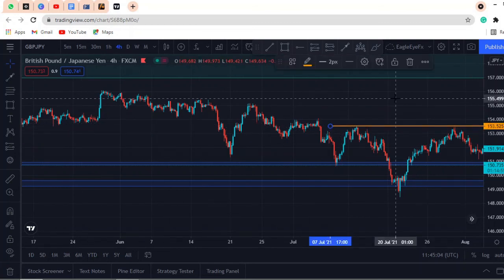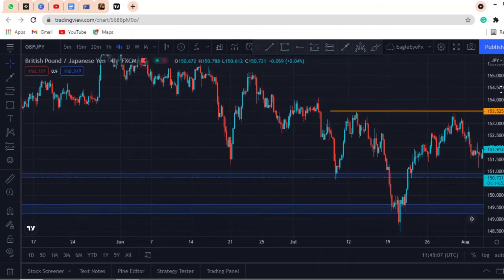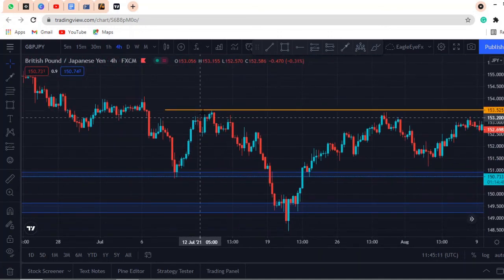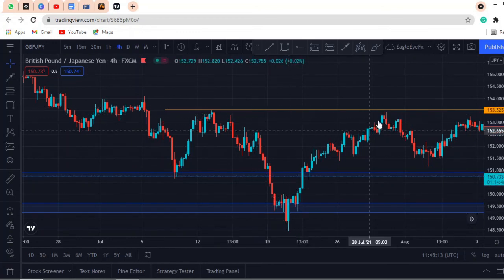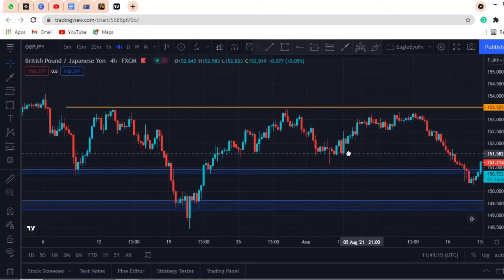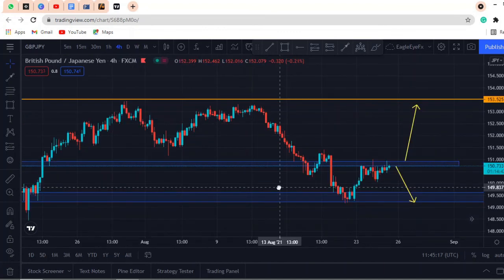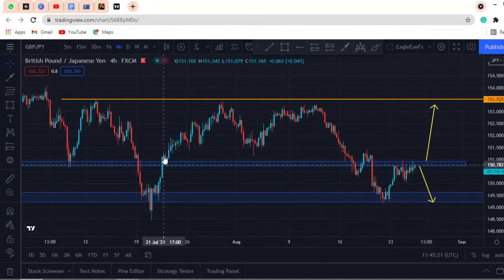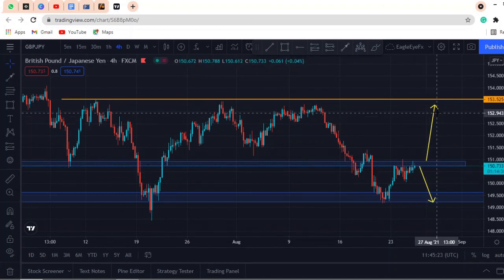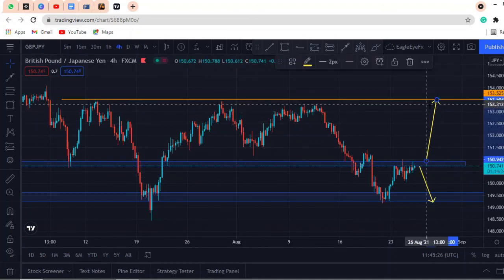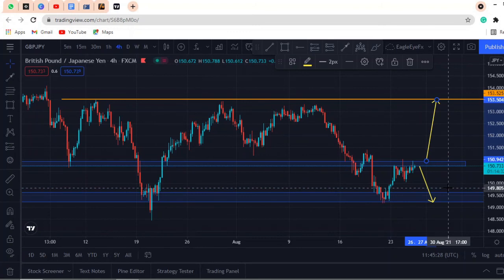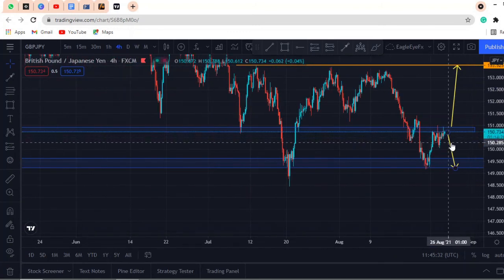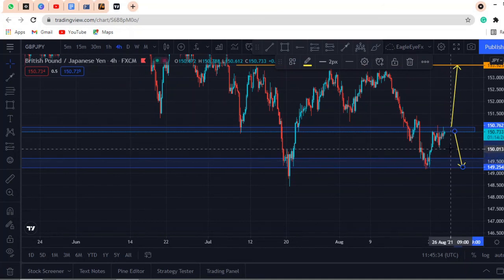Okay, that is that level we had marked like that, because the market came all the way, as you can see, came all the way to touch for it to break, came again, it was rejected, then now the market is here. So what I'll do, if I see something like this, a break and a retest, then I'll be interested in buys up to this level. But if this market is not able to break this level, then I'll be interested in sells up to this level.